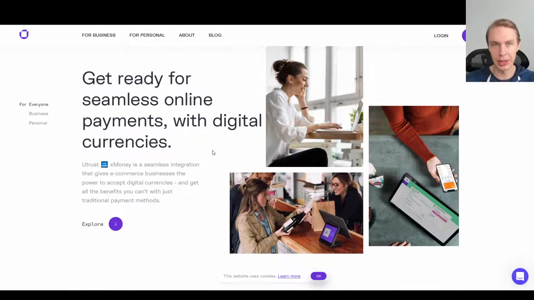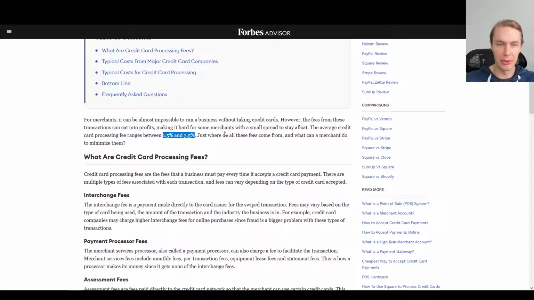Not having one company that's trying to make a profit acting as an intermediary, the payment rails to move funds from one place to the other. And that's one of the advantages here. So you can imagine that Utrust probably could do this for a cheaper amount than what credit cards are charging. And then, long term, that's something that businesses should want.